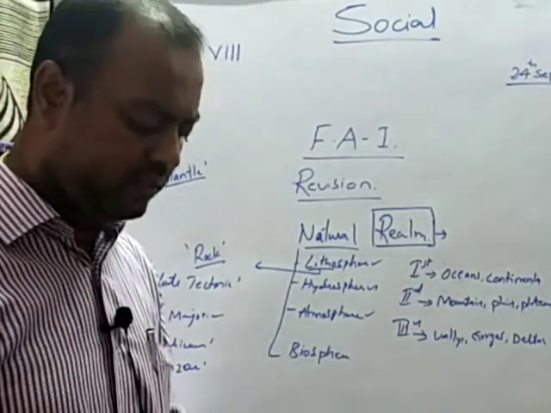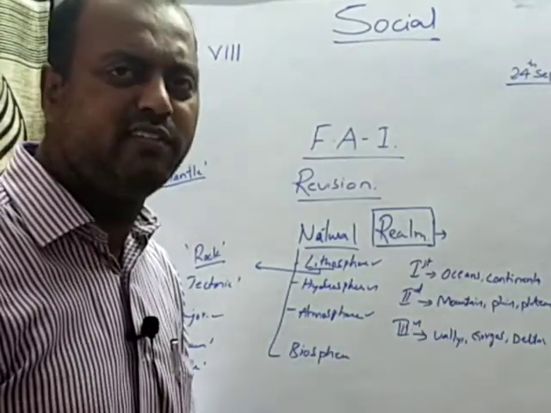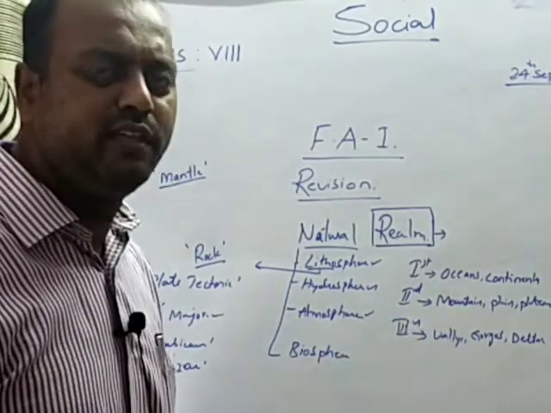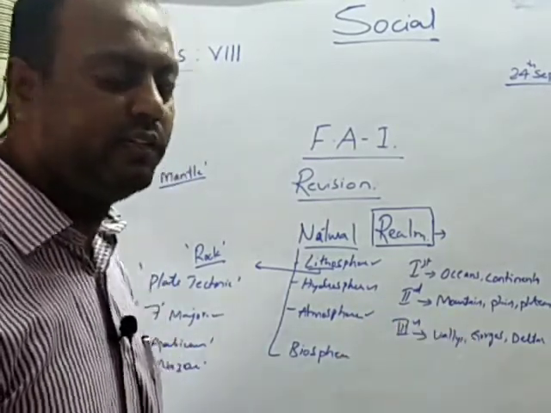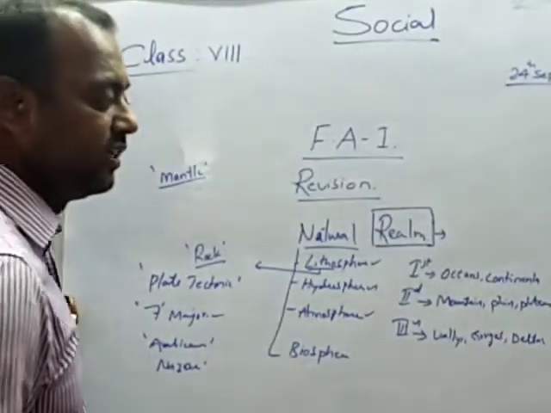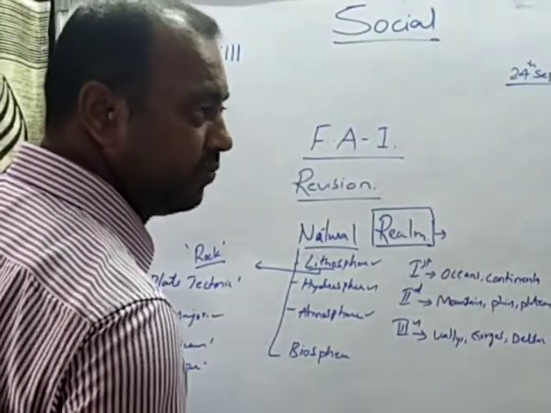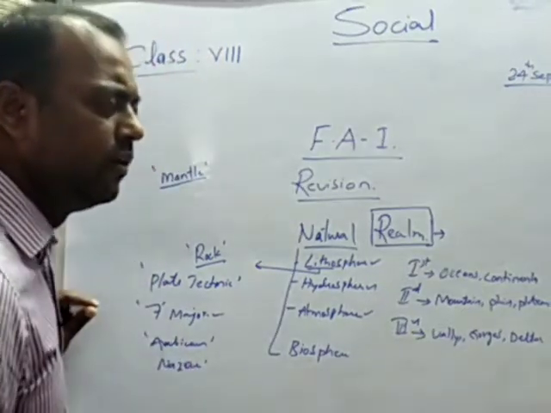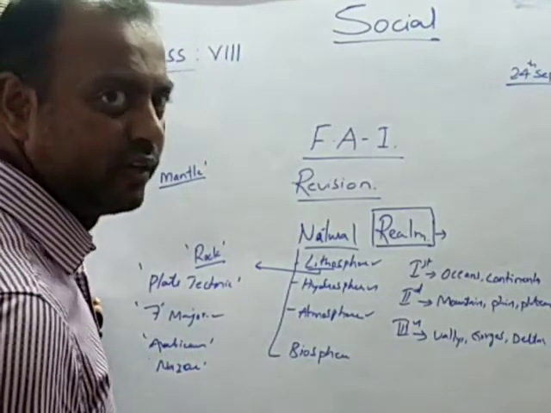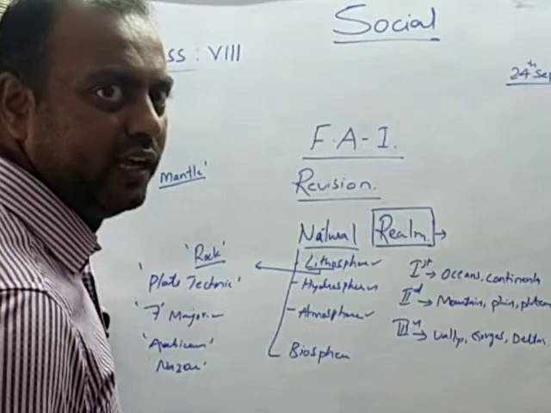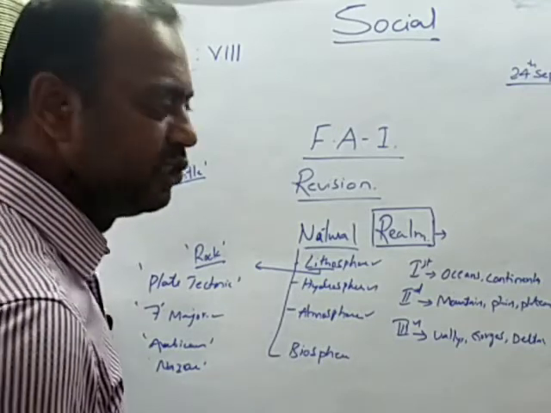So we have seen how the first, second and third order landforms get created. In the formation of the second order landforms, we have seen the work of water and the work of winds, and also interior work as well as exterior work. Interior means inside the earth there are many processes which take place.